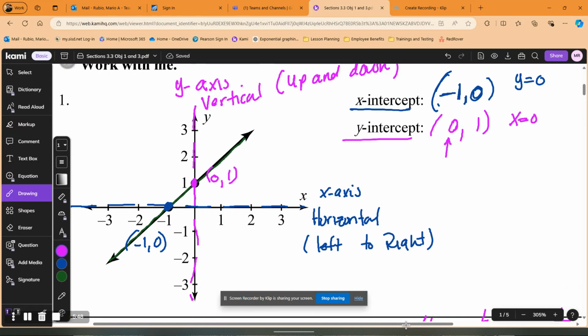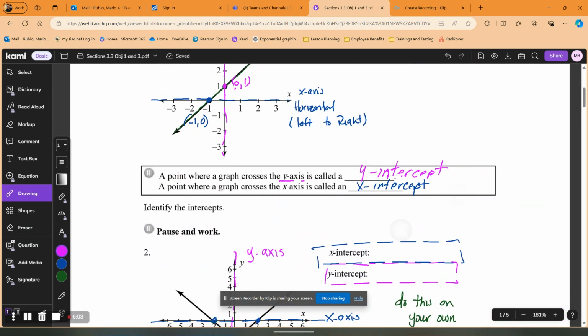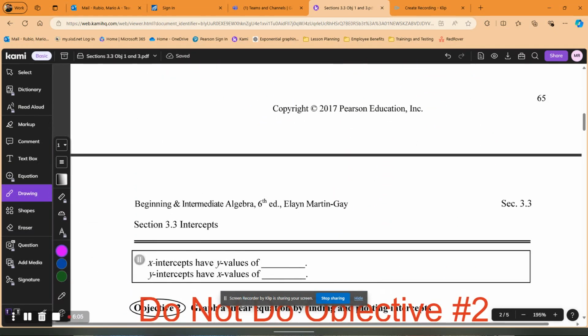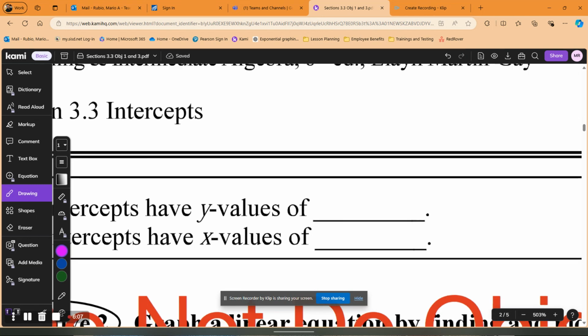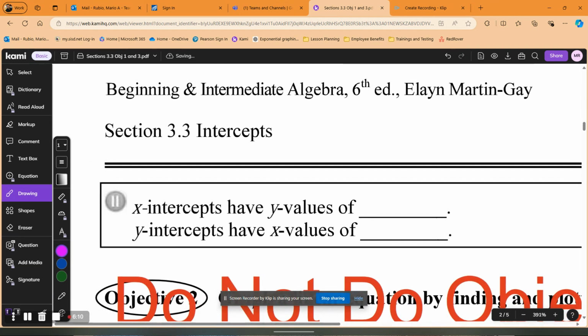That's going to be true all the time, no matter what, every single time. So our definition here is x-intercepts have y values of 0, and y-intercepts have x values of 0.